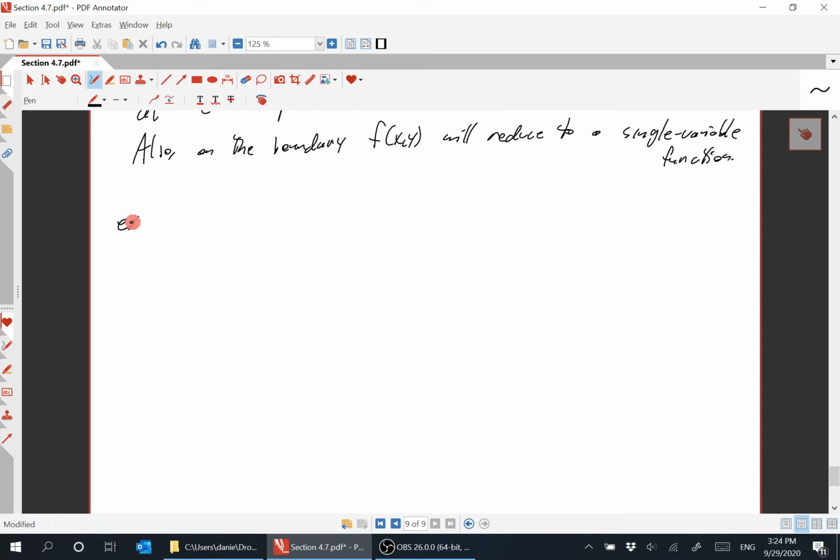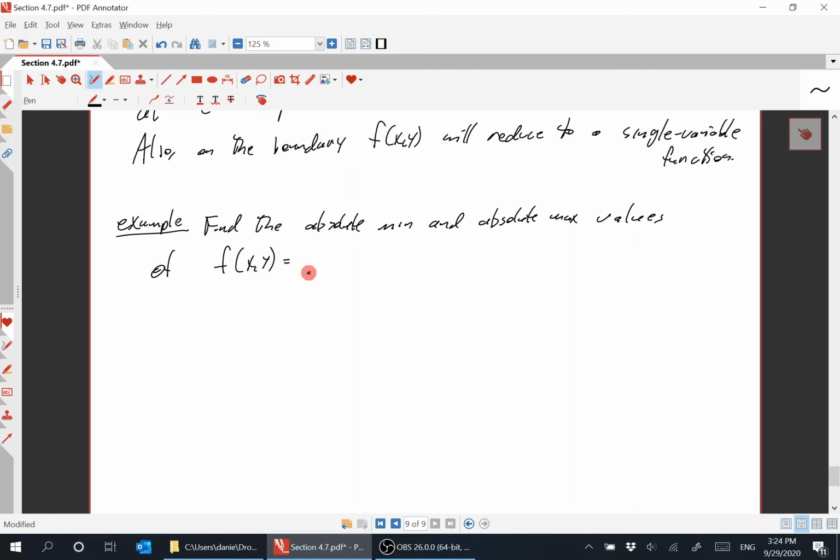So, for example, find the absolute min and absolute max values of f(x,y) equal to x to the third minus 3x minus y to the third plus 12y on R equal to this.